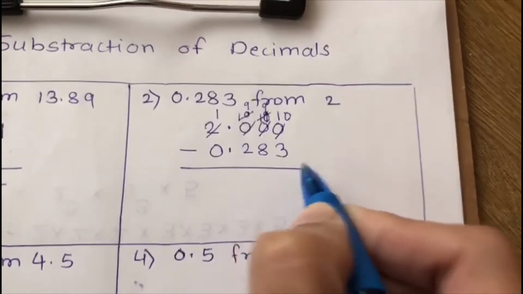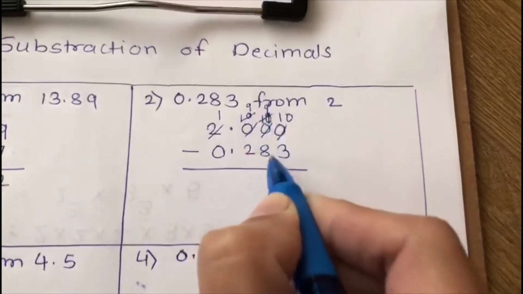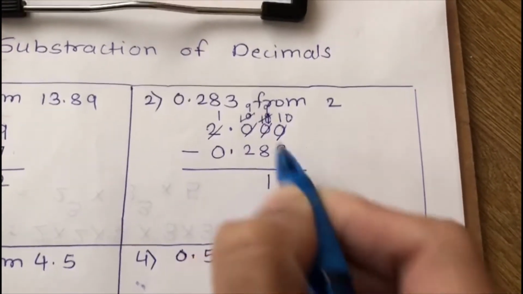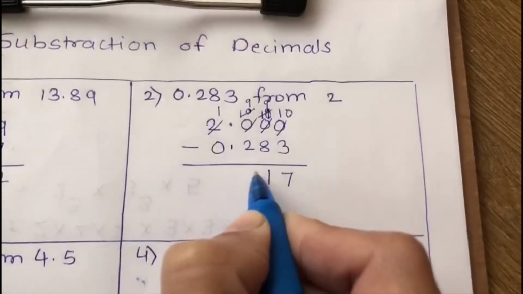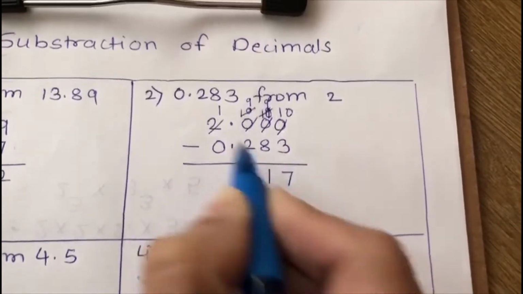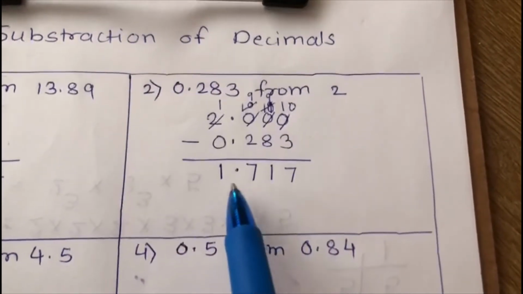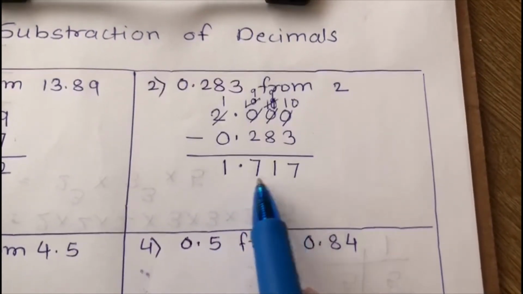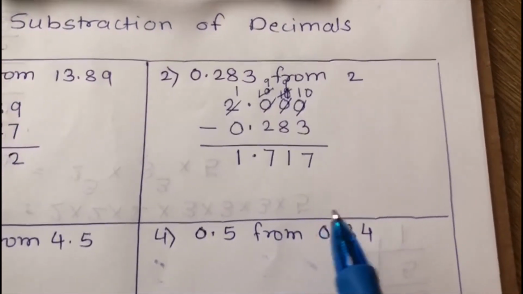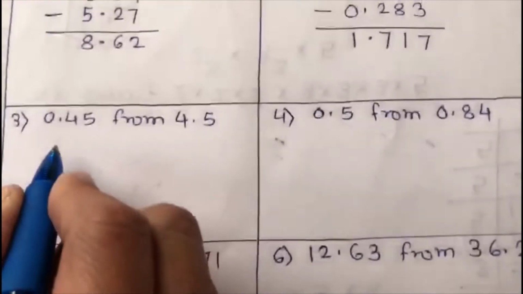So 10 minus 3 is 7, 9 minus 8 is 1, 9 minus 2 is 7, 1 minus 0 is 1. So we have got the answer 1.717. Let's take another example.